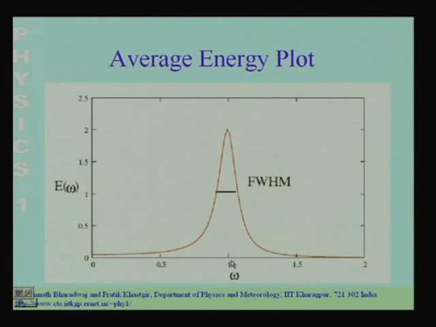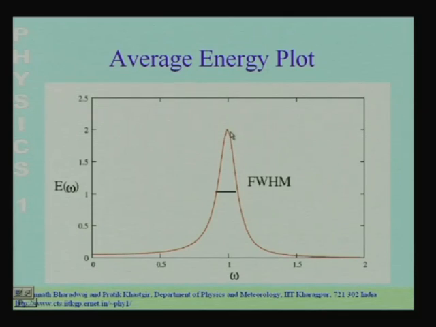So, the oscillator would have the maximum energy when the external force has a frequency omega which is very close to omega naught, slightly less than omega naught. I have just shown you the value a short time ago.